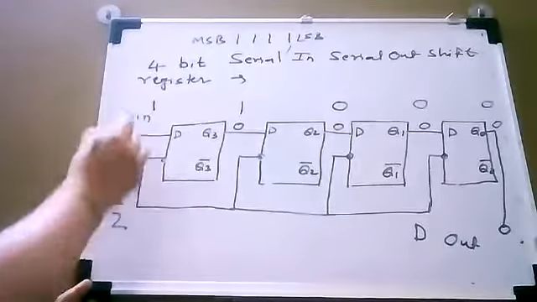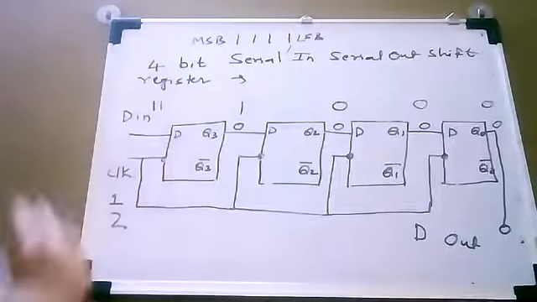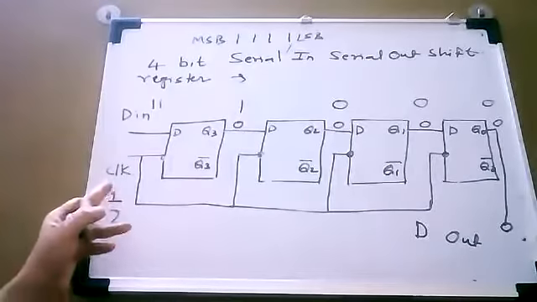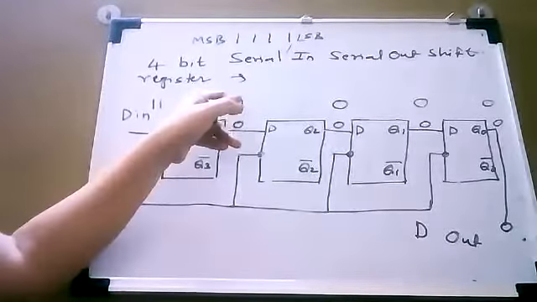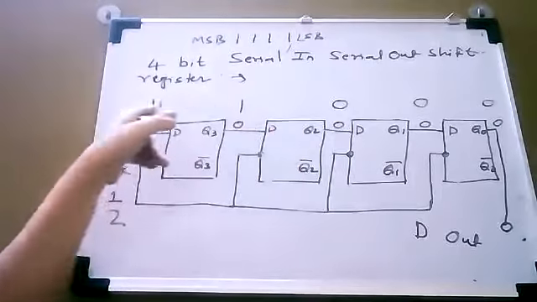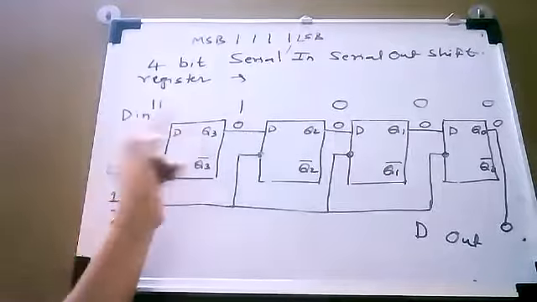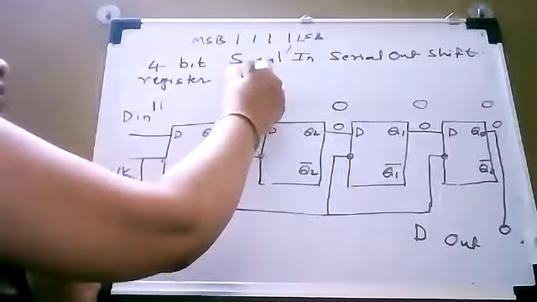So during the second clock pulse, what do we have to apply? We have to insert one more 1. Okay, how many ones are there? 4 ones. We are going to insert one more 1. So now in this case, you can observe input of flip-flop number 2 is 1, and input of flip-flop number 3 is also 1. So output of flip-flop number 3 will be 1.